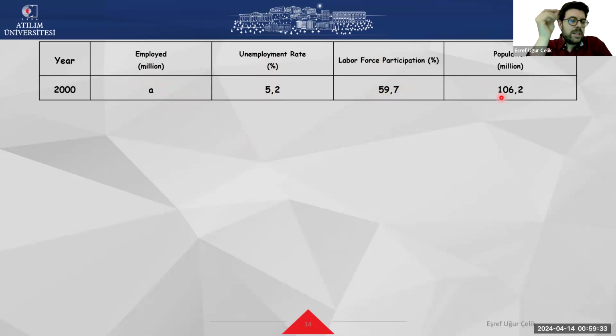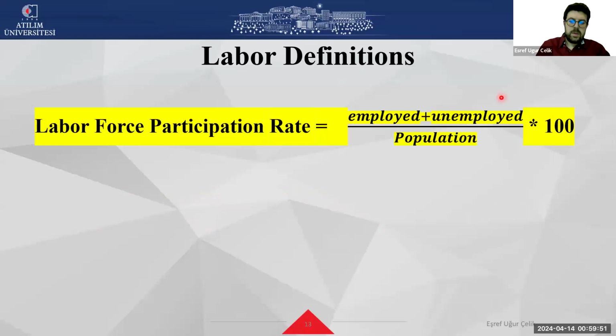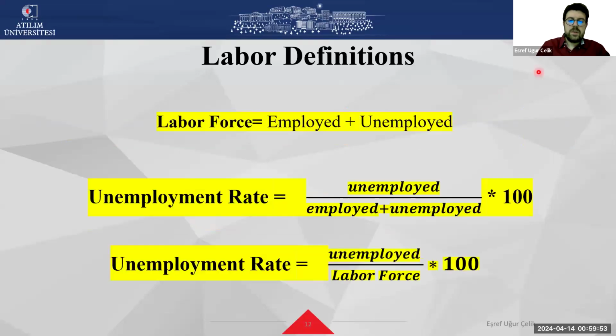Before starting the question, my offer is to write all three formulas and look at them first. Look at that part. If you know two things, you are able to find the third. For example, if you know labor force and employed, you are able to find the unemployed.